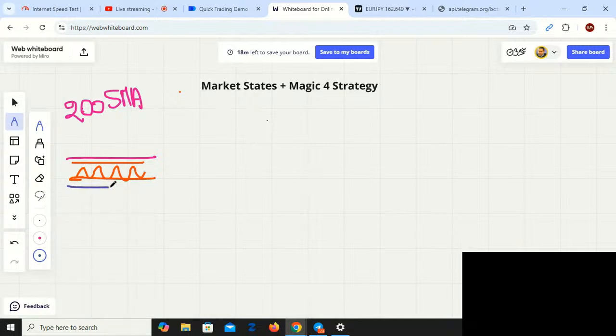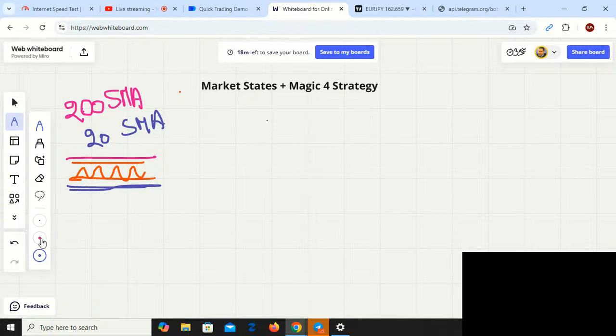Usually it's going to be over here. So you have the 200 SMA and the 20 SMA. So when you see the price moving in a narrow state and the 20 and the 200 SMA are very close together, this is your narrow state.